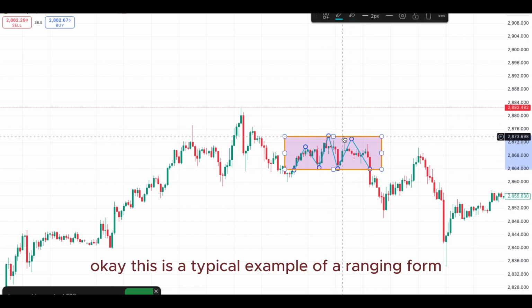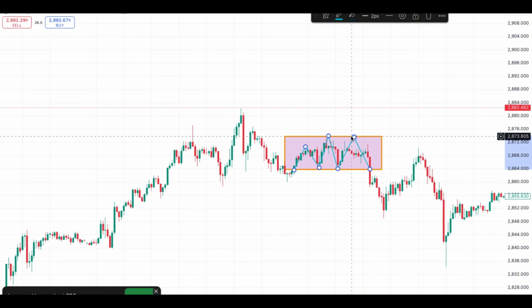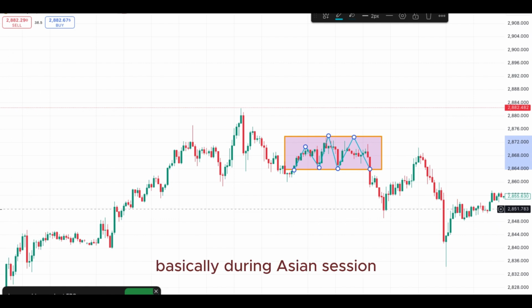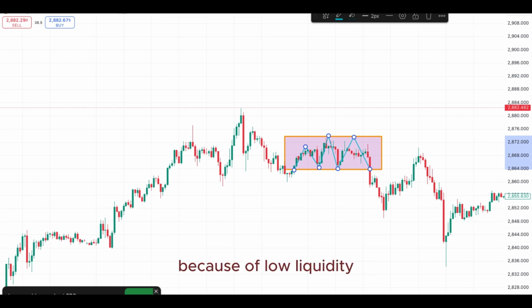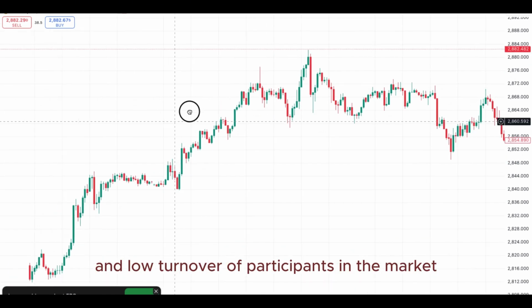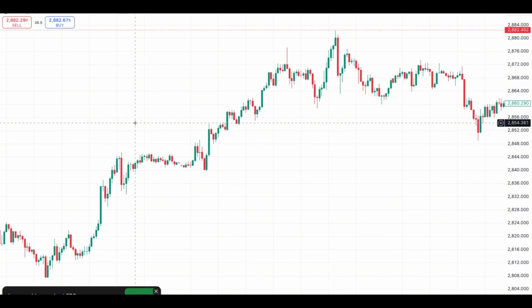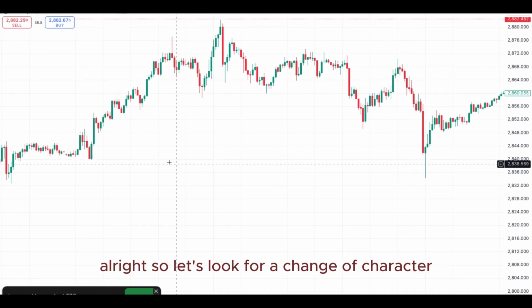Okay, this is a typical example of a ranging form, or sideways movement. So basically you see this kind of example during the Asian session because of the low liquidity and low turnout of participants in the market. All right, so let's look for change of character.